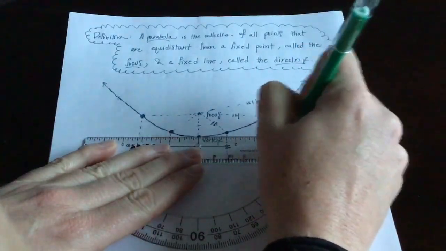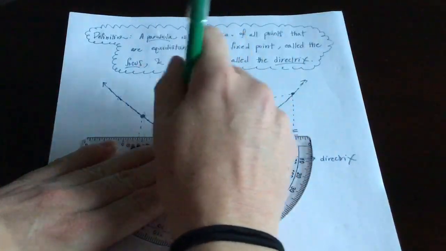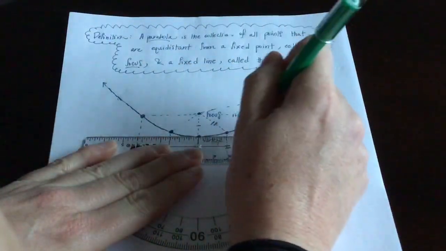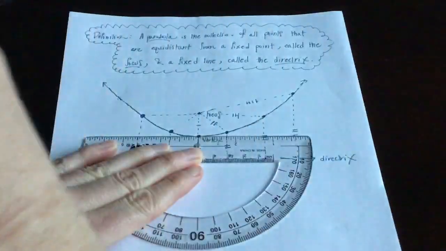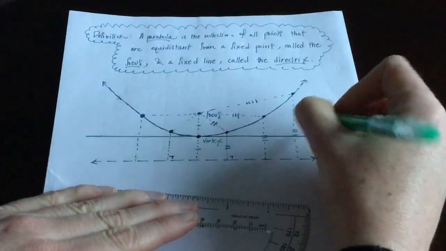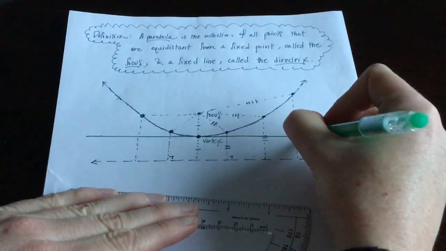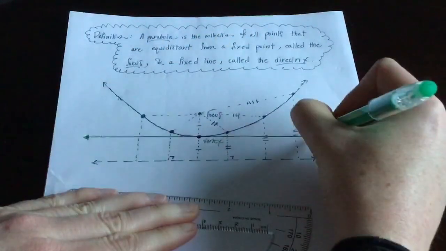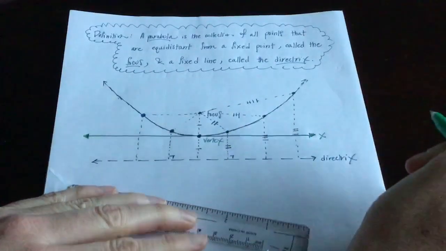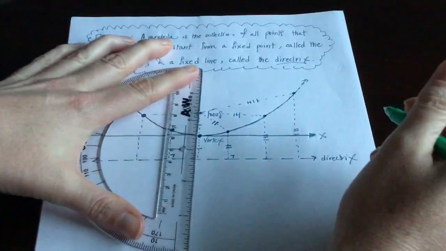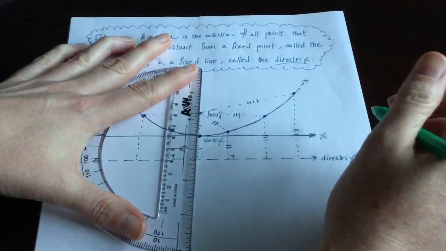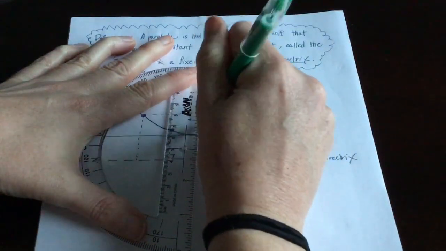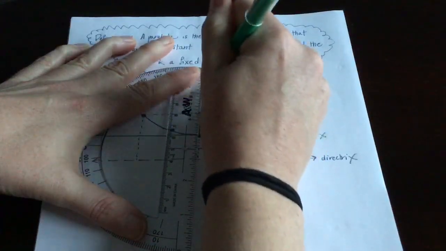Okay, and so this will be the x-axis. And then again, because I'm hoping to make the vertex be at the origin, I'm going to draw the y-axis so that it goes through the vertex and the focus.